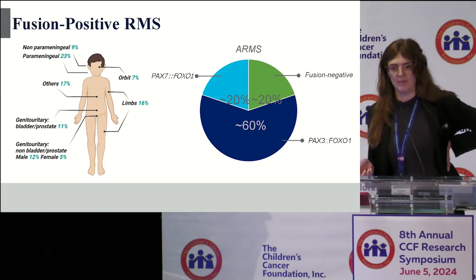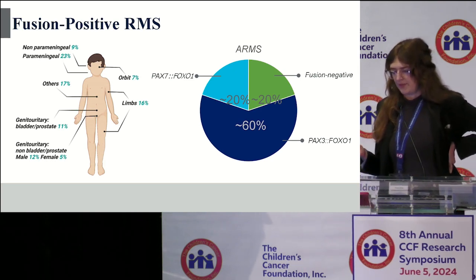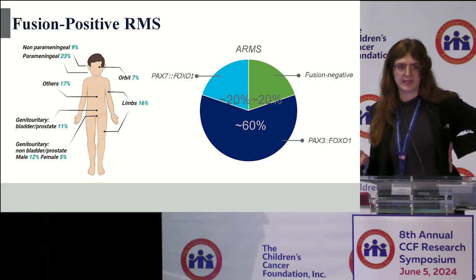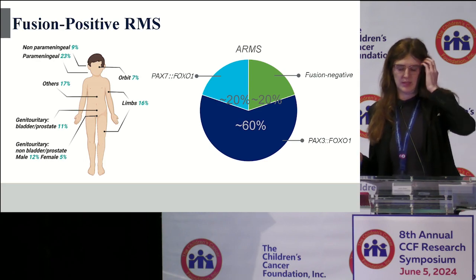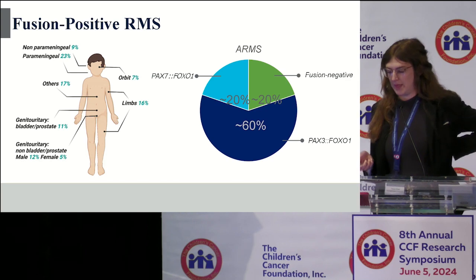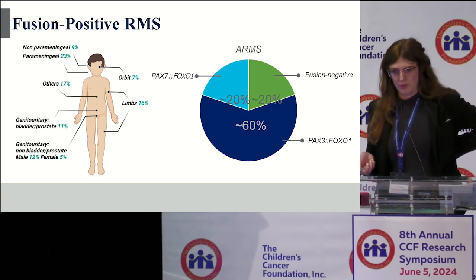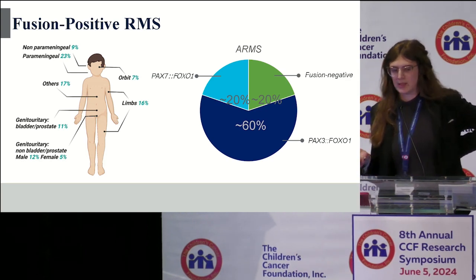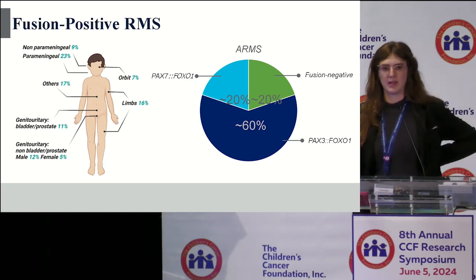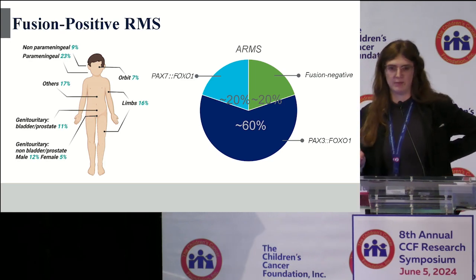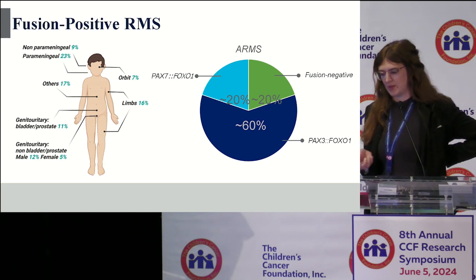Within ARMS, you can further classify on the basis of fusion status. I talked about PAX3 FOXO1 in my title, and that gene fusion, which also generates a fusion protein, is present in 60% of ARMS cases, and a related fusion, PAX7 FOXO1, is present in about 20% of cases.